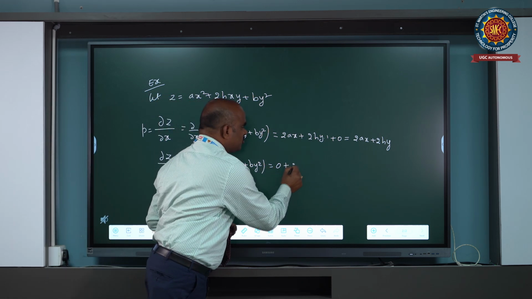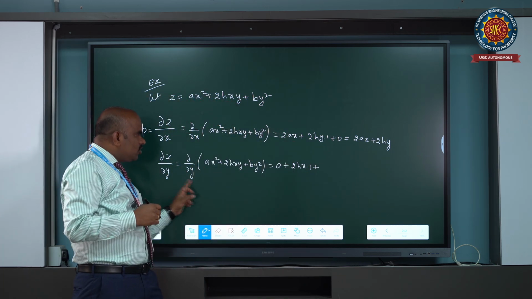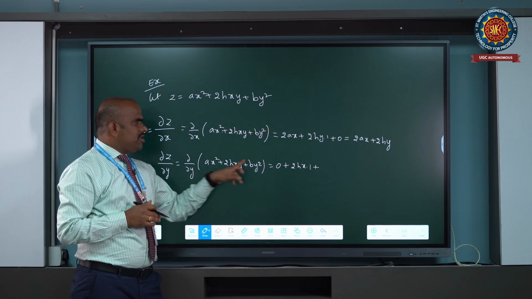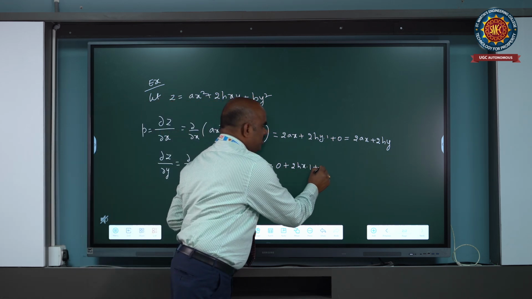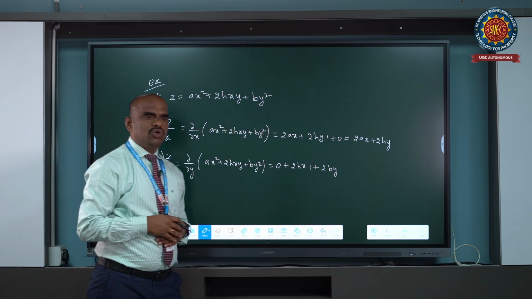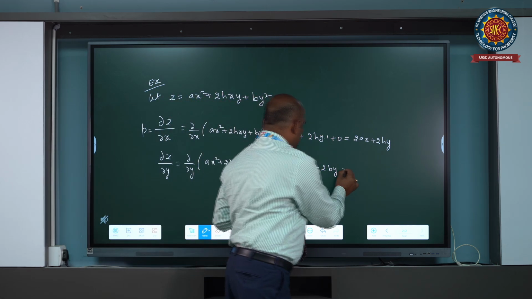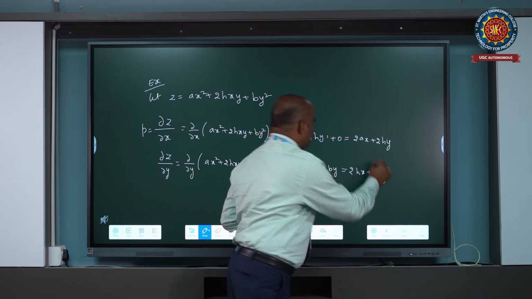So 2hx into 1, plus ∂/∂y of by². Here b is constant, and ∂/∂y of y² is 2y. So b into 2y, 2by. So the answer is 2hx plus 2by.